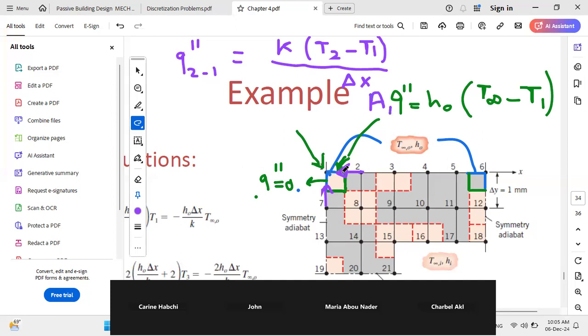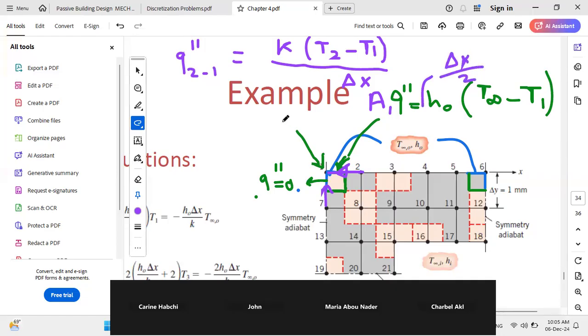So we said that this size is delta x over 2. And if we consider a unit depth, we can multiply the convective flux to get the rate. We multiply here by just delta x over 2.